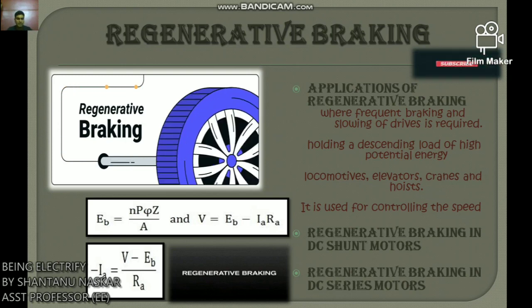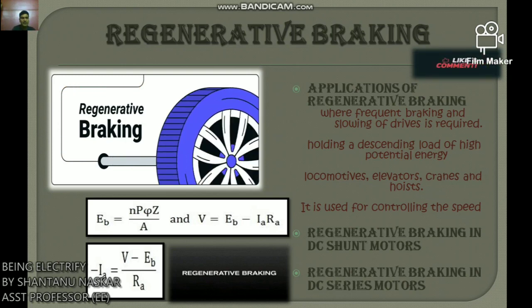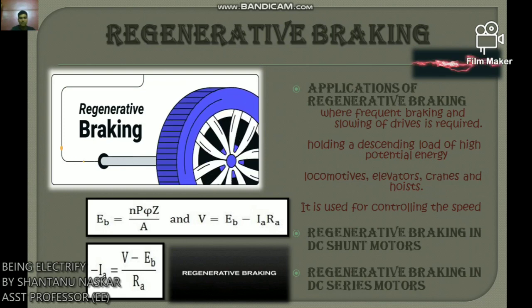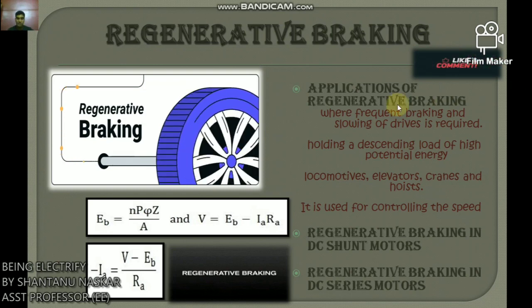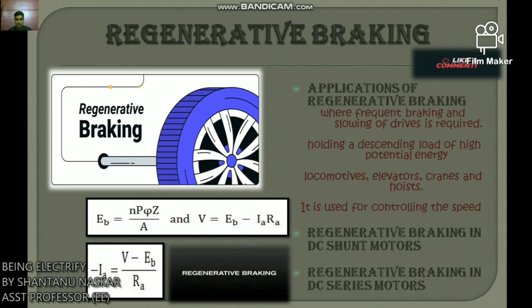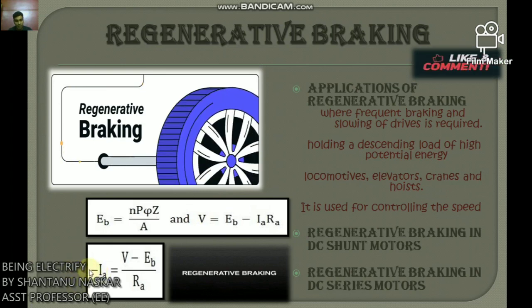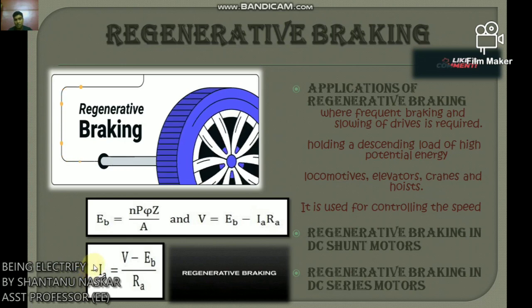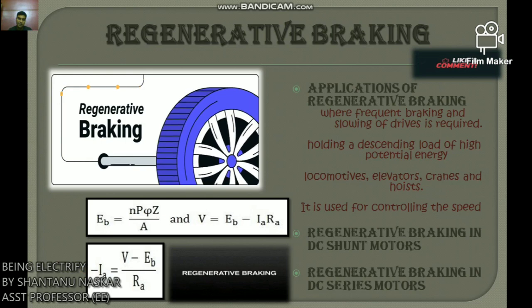Now, under this condition, the back EMF Eb of the motor is greater than the supply voltage V, which reverses the direction of the motor armature current. The machine now begins to operate as a generator.